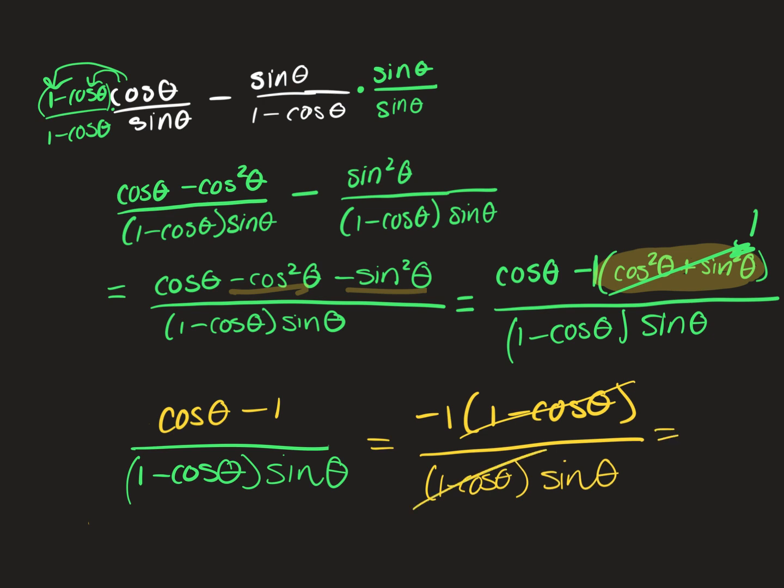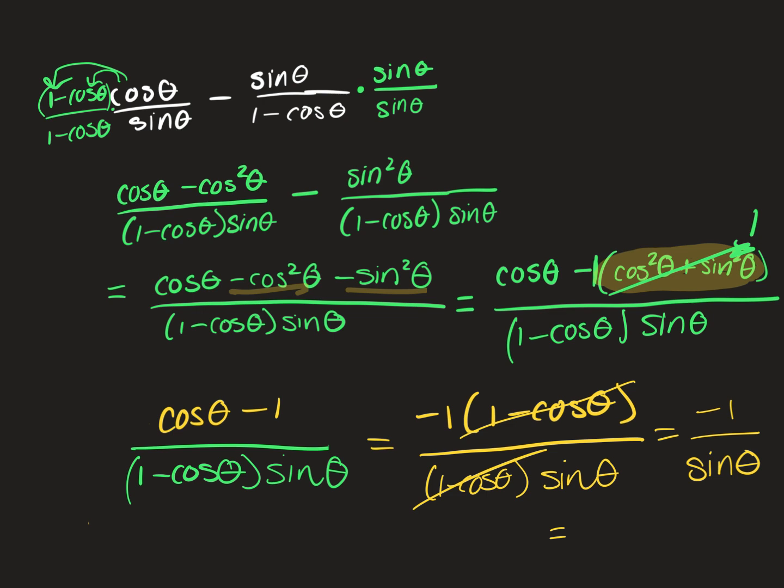Okay, but now, look. Those cancel. So I'm left with my negative 1 over sine. Right? So that negative trick is helpful for when you need to flip stuff around to get it to cancel. Oh, this is good. All right, so what's 1 over sine equal to? Isn't it negative 1? Well, yes.